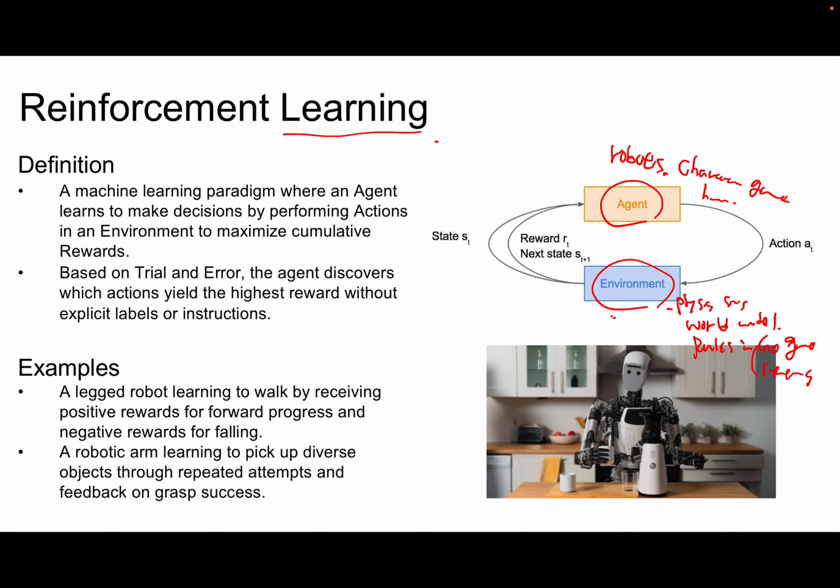The agent takes action A, and that makes something different in the environment. It affects the environment, something is changed, and then we get the state.